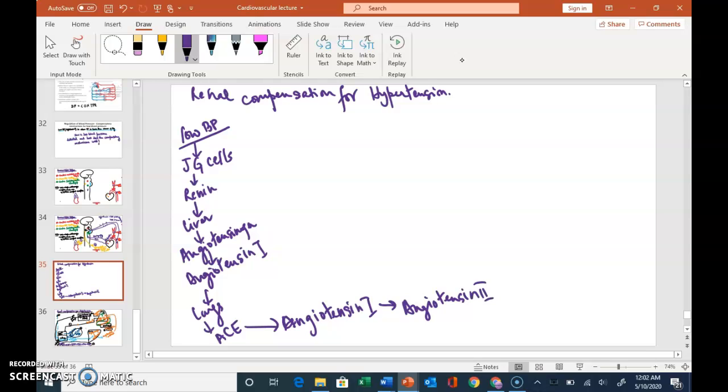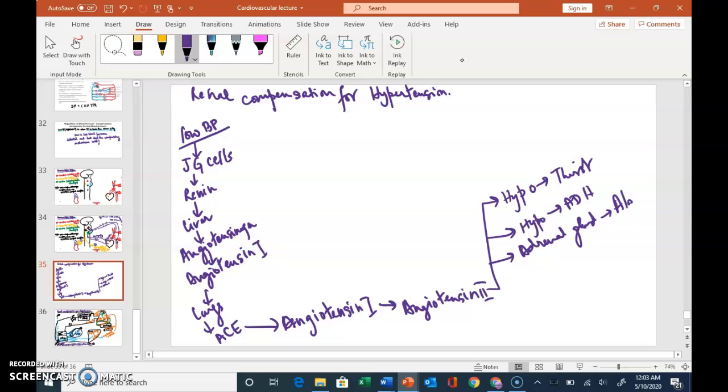Now, remember, we also mentioned that angiotensin 2 can work on different things. It can work on the hypothalamus to induce thirst, right? It can work on the hypothalamus to release ADH, if you remember. It can work on the adrenal gland to release aldosterone.